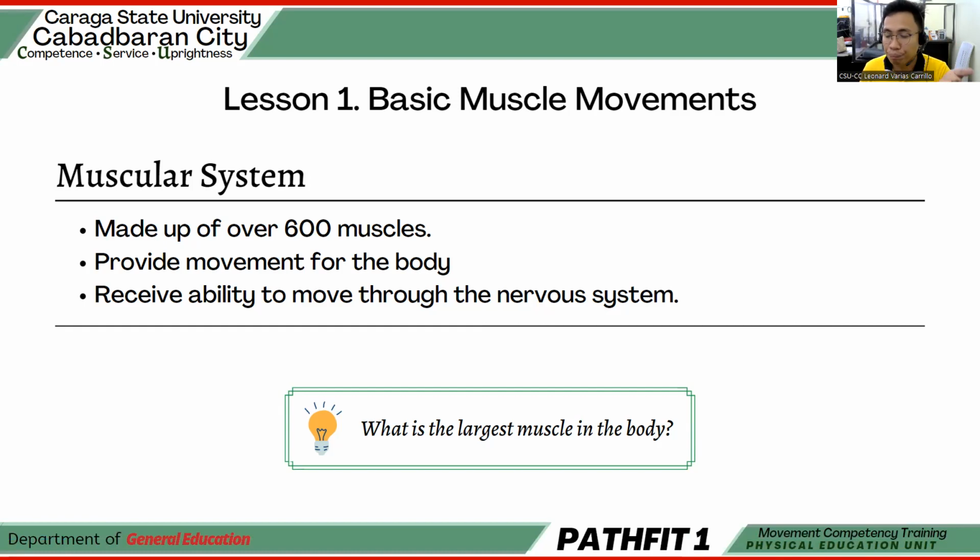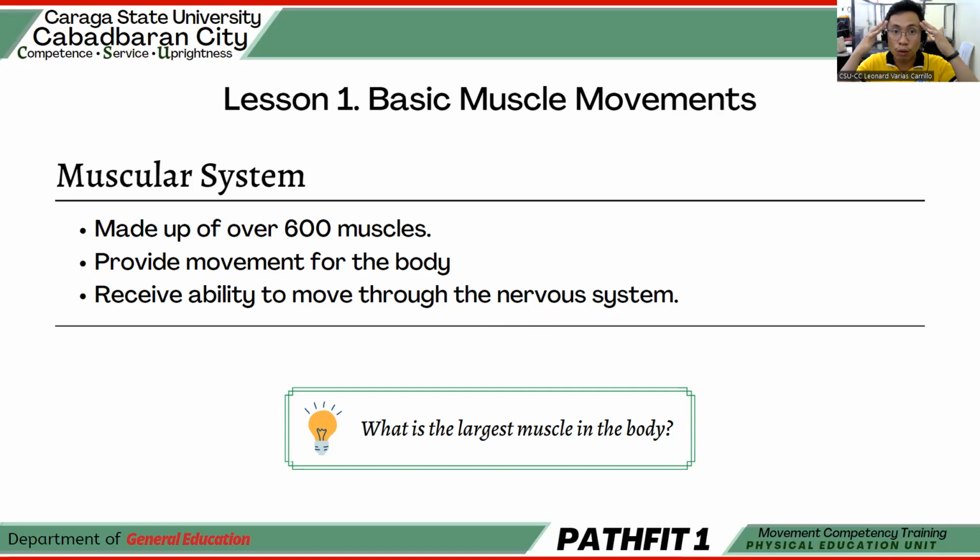Of course, without muscles in our body, we won't be able to move properly. Although the bone acts as the lever of our body to move, the bone only helps. It is the muscle that really provides the movement.